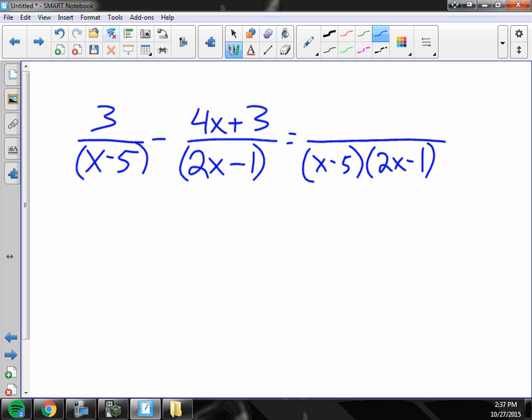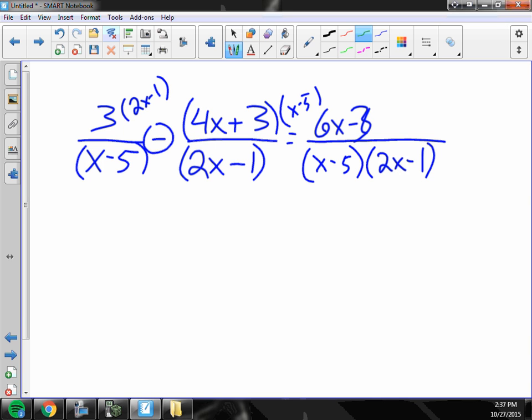So what does the left side need? It needs a 2x minus 1, and the right side, an x minus 5. So the left side gives me 6x minus 3. And the right side, don't forget the negative. Right side is going to be negative 4x squared. And then this gives me negative 20x.